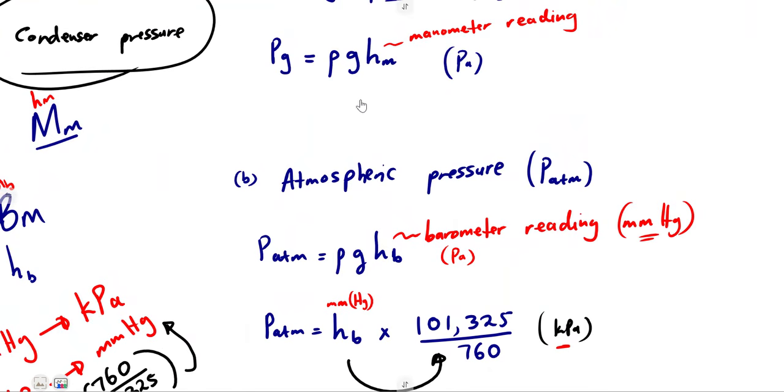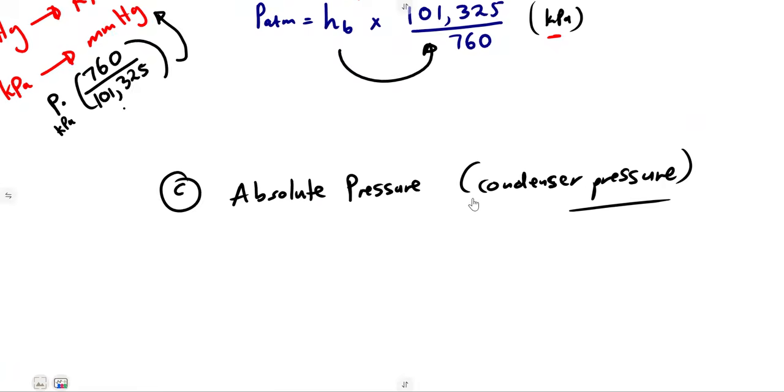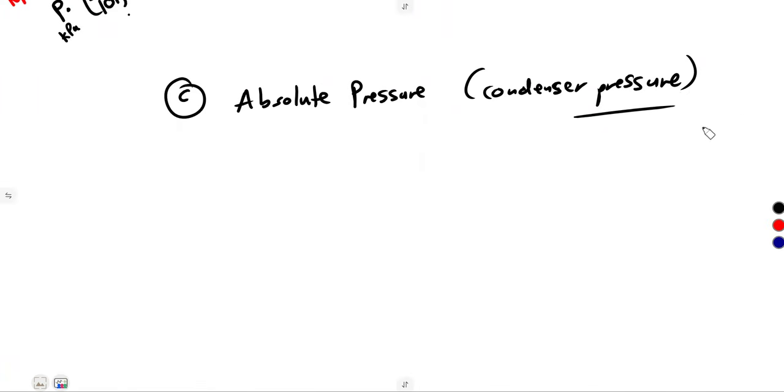So we must remove the gauge from the atmospheric to remain with what? The absolute pressure. As for me, guys, I'm just going to use P. You can use PC, you can use P absolute, whatever that you understand. So the absolute pressure is from the difference of what we obtained, the atmospheric minus the gauge.